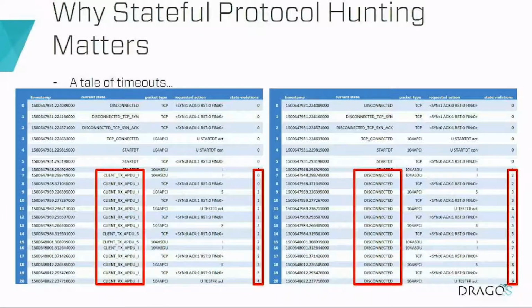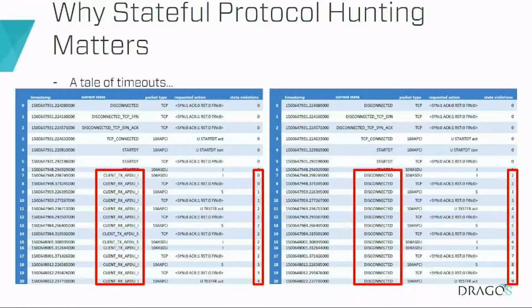This is actually with Crash Override running. Very quickly after you start that IEC 104 module, you begin to see that state violation counter go up quickly. In one case, we let the TCP reset happen, and then we also have gear where we can say, ignore the TCP reset and just keep talking, to see how far it'll go without enforcing how the protocol should work.